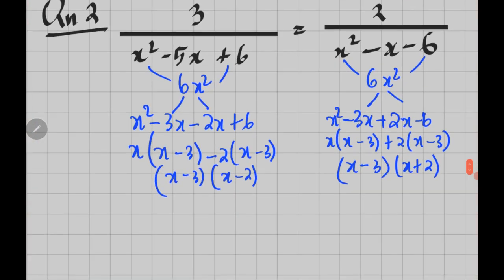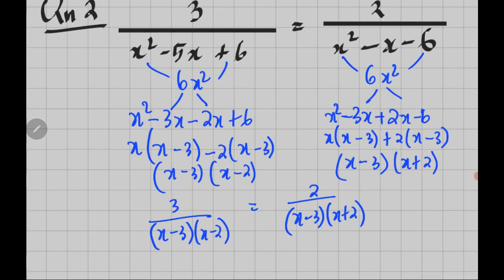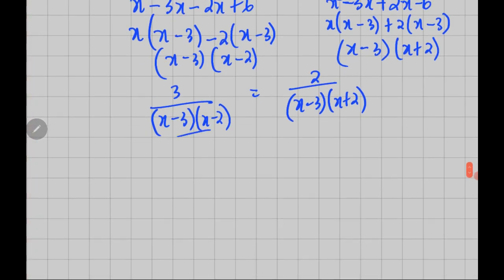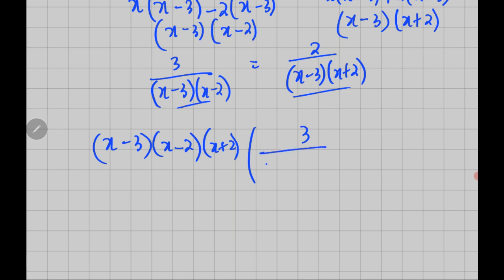So what will be our final equation? It becomes 3 over x minus 3 times x minus 2 is equal to 2 over x minus 3 times x plus 2. Right? What's the common denominator of these two fractions? The common denominator is x minus 3, x minus 2, and x plus 2. Let's multiply it with each of the fractions.